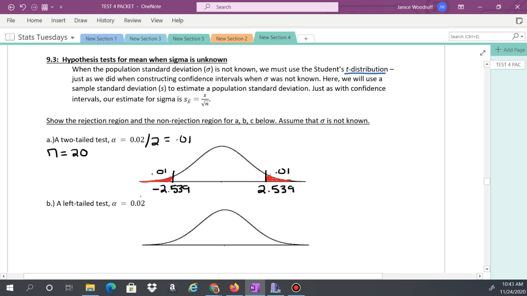So this would be a reject, and this would be a reject. Meaning if I get like a -3, I would reject, or if I got like a +3, or anything smaller than -2.539 or larger than 2.539. And if I get something in between those values, then I would fail to reject.